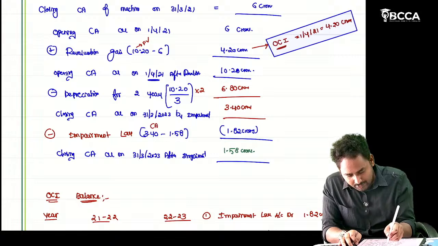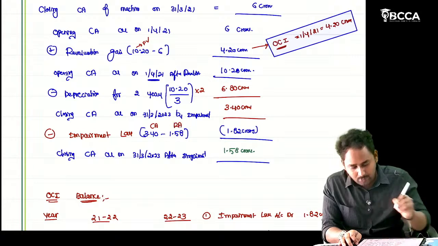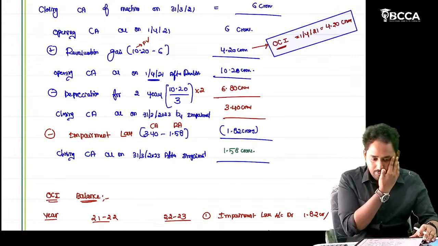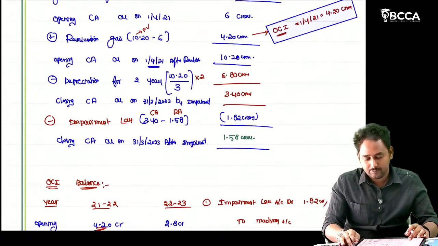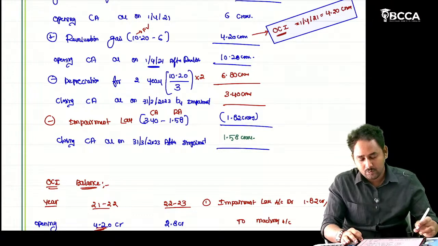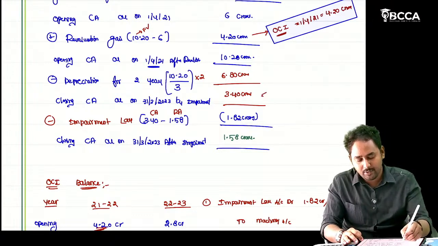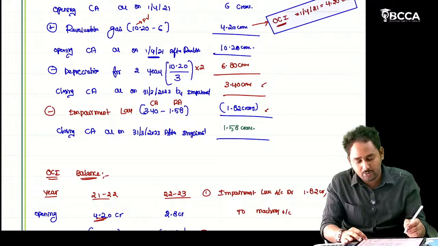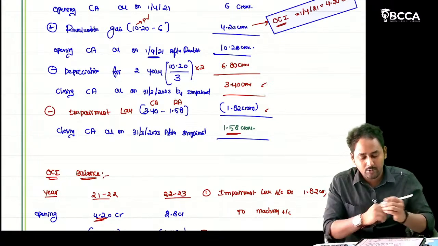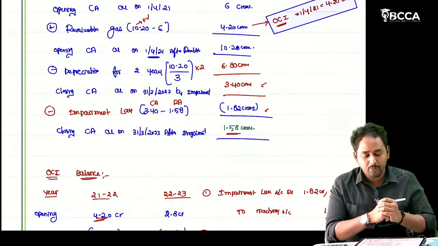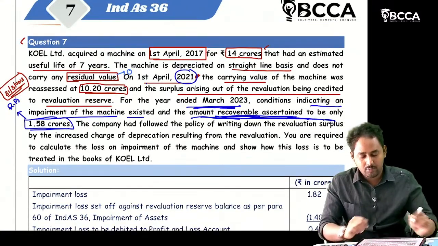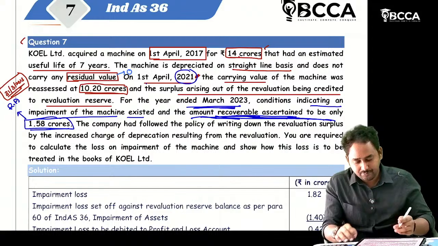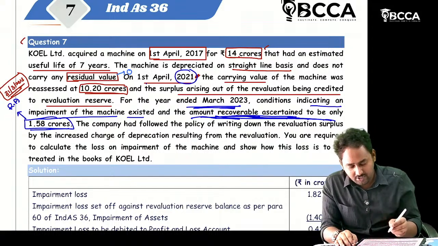Carrying amount minus recoverable amount, and we get the impairment loss. So closing carrying amount before impairment minus impairment loss, then you get the closing carrying amount after impairment of 1.58 crores. Then what is the further information?